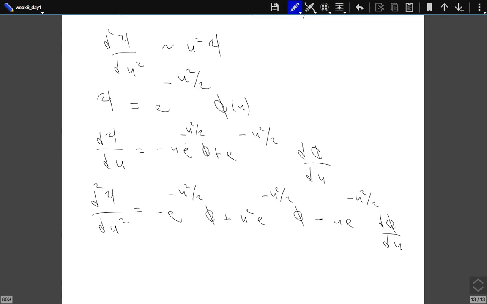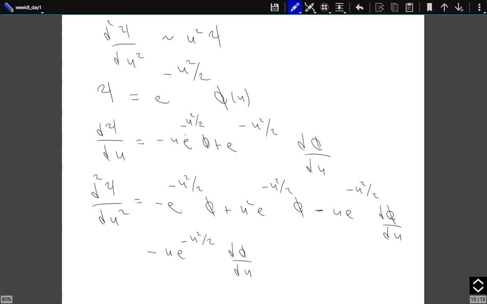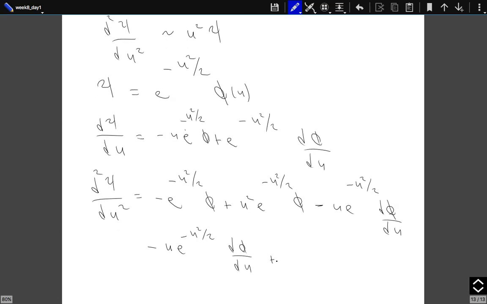This is the first term. Now the derivative of the second term is minus u e to power minus u squared over 2 d phi by du plus e to power minus u squared over 2 d squared phi by du squared.